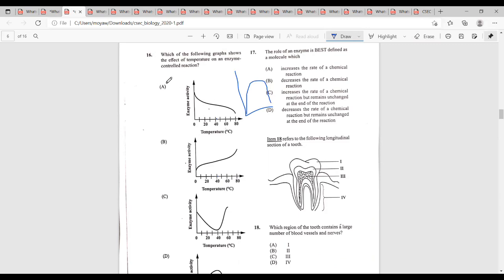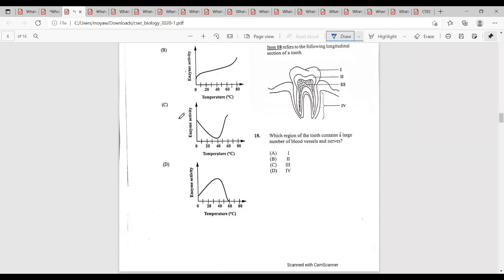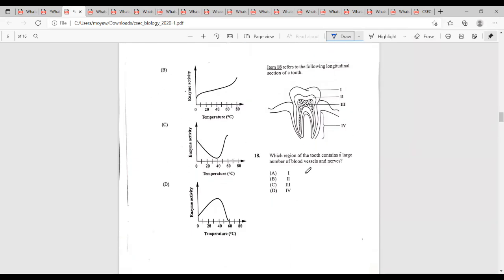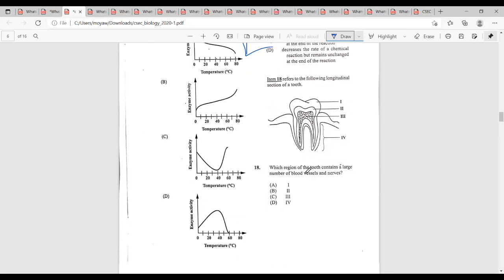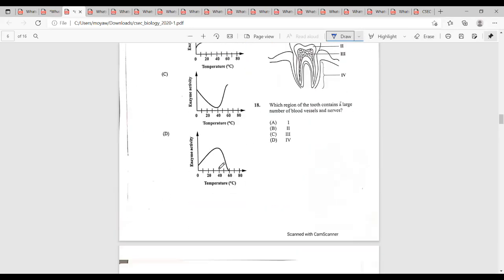So we know A is out of it. Definitely not. B is also out of it. C would be out of it because C is the opposite of what we're looking for. So the best option here would have been D, and our optimum temperature here might be 35.